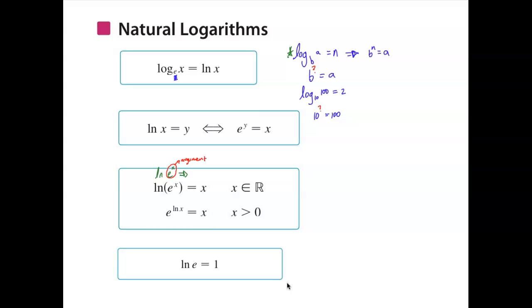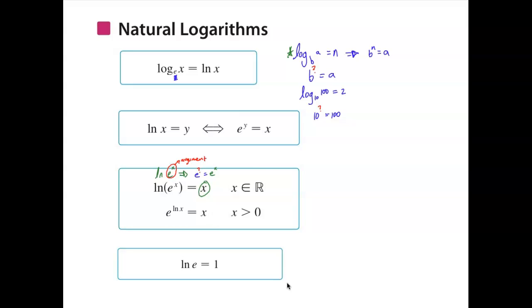Well, the base of natural log is e. So I'm saying e to what power equals the argument? The argument in this case being e to the x. So e to what power equals e to the x? Well, the answer there is just x, which is why natural log of e to the x would just simplify to x.